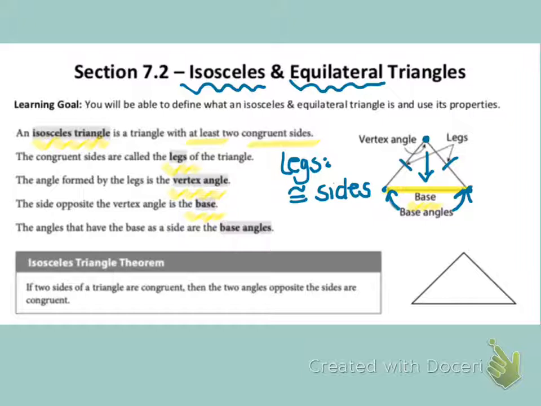That theorem says: if two sides of a triangle are congruent, in other words, if you have an isosceles triangle, then the two angles opposite those sides are congruent. So in this triangle, if these are the equal sides, then these have to be equal angles, because they are the angles across from the equal sides.